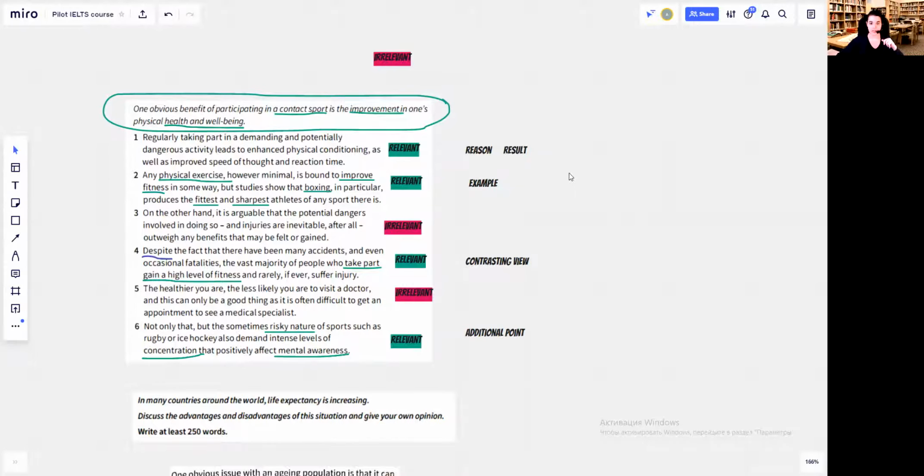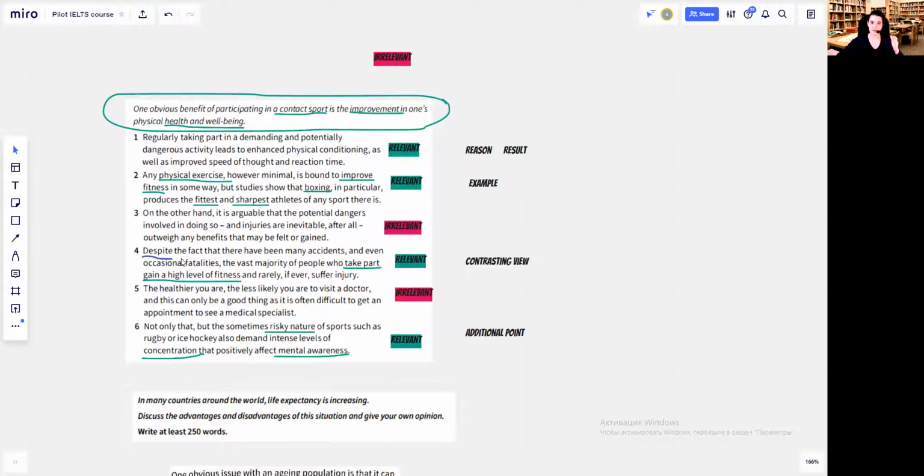The second sentence does a very good job at providing an example, as you might have guessed by the linker in particular. In this example, the example is boxing. The fourth one, the linker despite, probably gave it away.